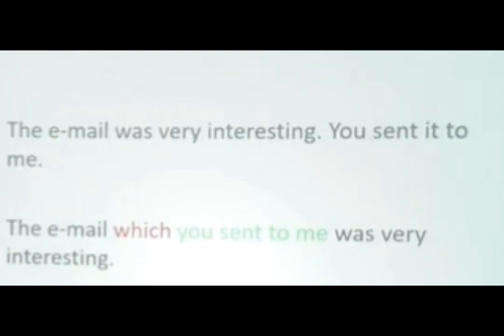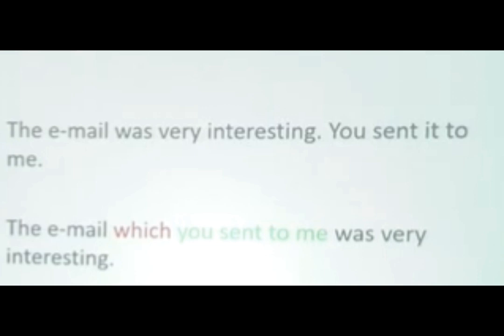Let's see, the email was interesting, you sent it to me. The email which, because the email is repeated twice, you sent it refers to the email. The email which you sent to me was very interesting. Suppose that I omit this. I'm going to say the email was very interesting. You don't know which email I'm talking about.